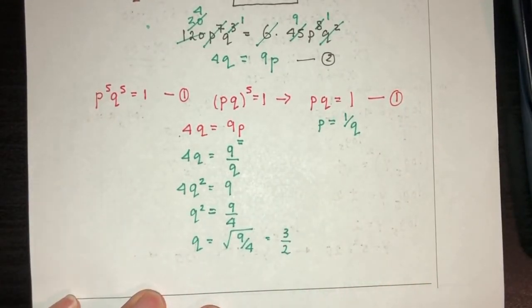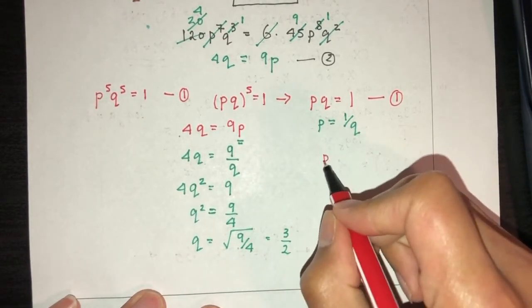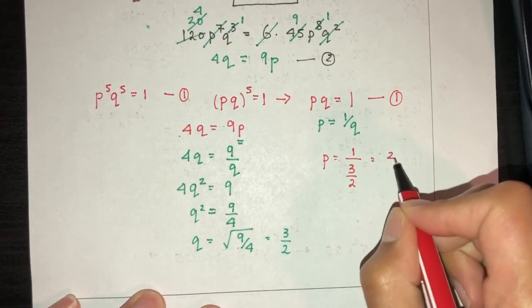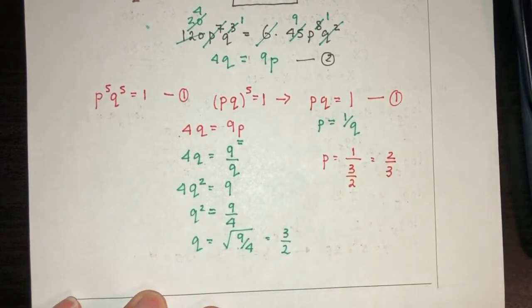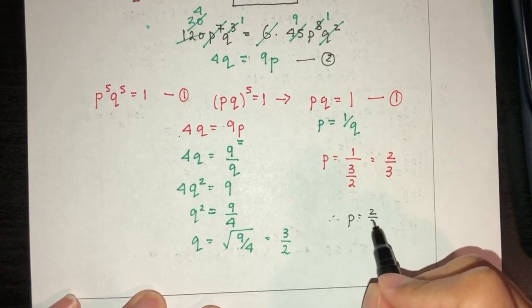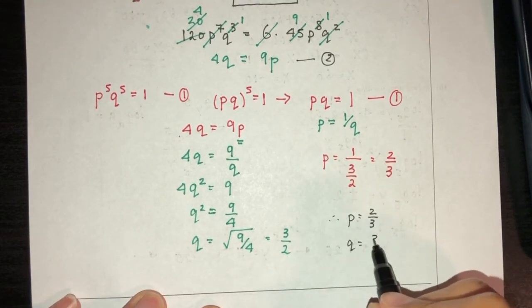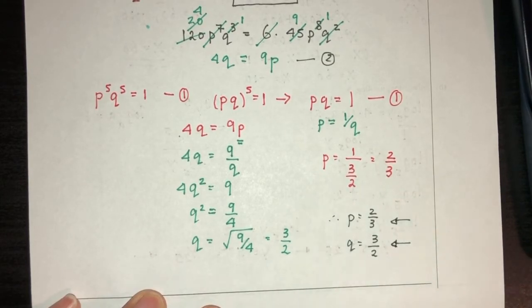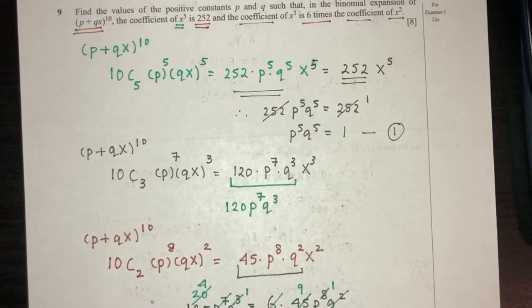From this, the value of p will be 1 over 3 over 2, which is 2 over 3. So we have the two values: p is 2 over 3, q is 3 over 2. These are the values of p and q for question number 9.